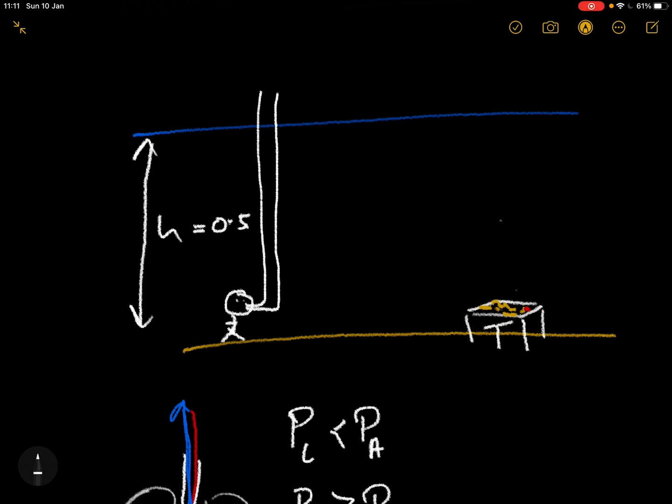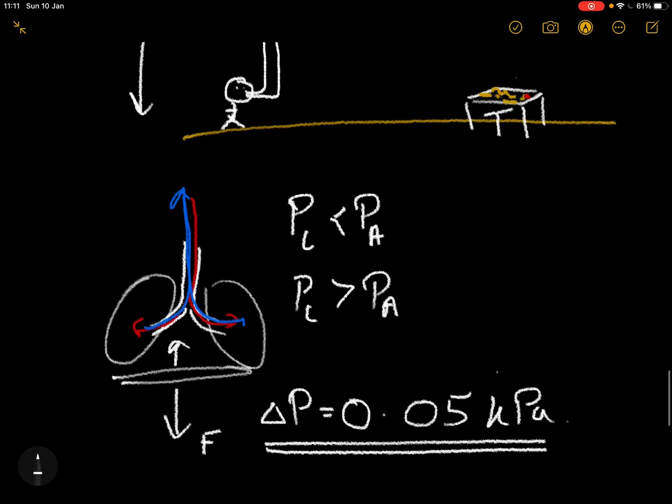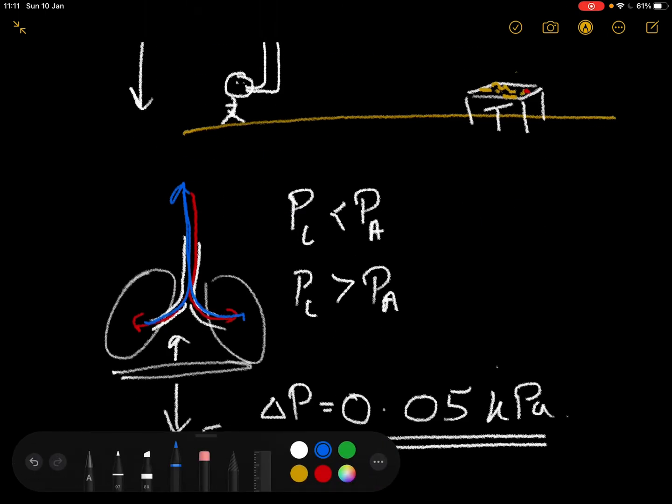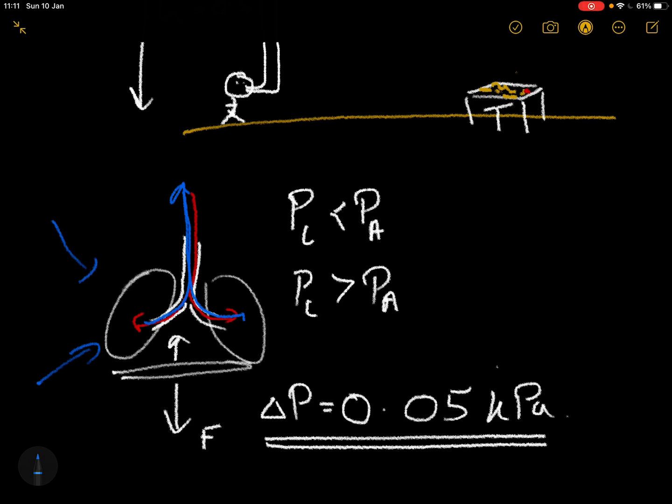You can only go about half a meter down before your lungs are simply unable to generate a pressure differential. You cannot push against the pressure of the water. So you cannot overcome this external pressure from the water because your lungs are simply not strong enough.